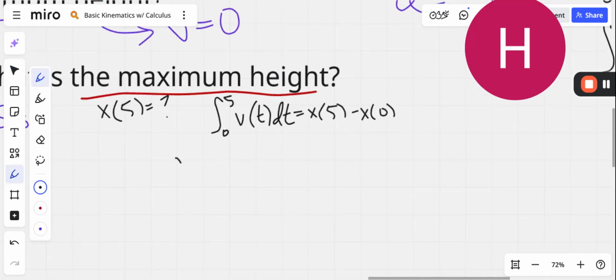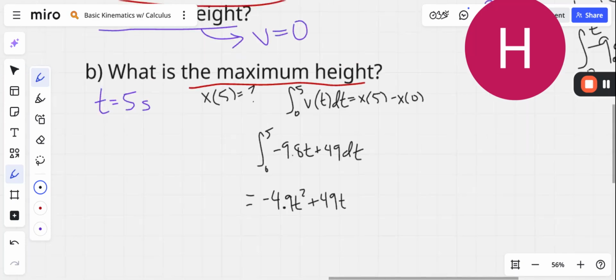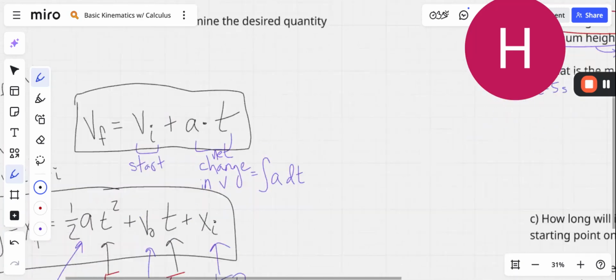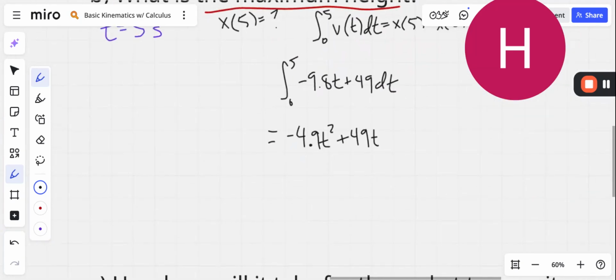We know that the velocity function is negative 9.8t plus 49. So this is going to be equal to negative 4.9t squared, that's half of negative 9.8, plus 49t. Do you see how it's becoming the exact equation that we had over here? 1/2 at squared plus v initial times t. That's exactly what we have here.